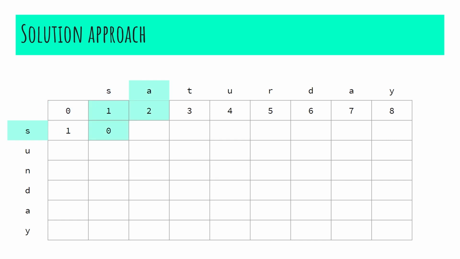Whereas in case 2, if the last characters are not the same, then we consider all the operations on string 1. That is, we consider all 3 operations on the last character of the first string recursively and compute the min cost of all the 3 values. As you can see, the highlighted 3 are the values that we will obtain by performing all the 3 operations, either insertion, removal or replacing.